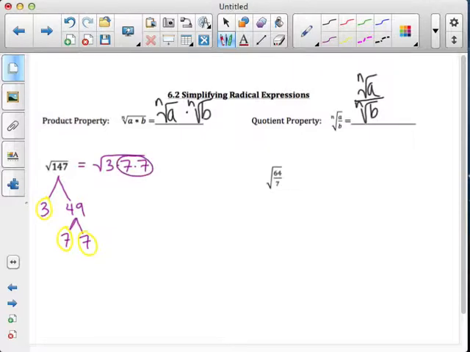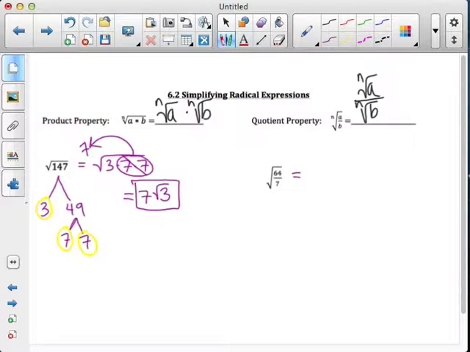Well, 7 times 7 is 49, and the square root of 49 is 7. So out comes 1 seven. So I find 2 under the radical and 1 comes outside. So that means this equals 7 square root of 3. The 3 stays underneath. And that would be my answer here. Okay?